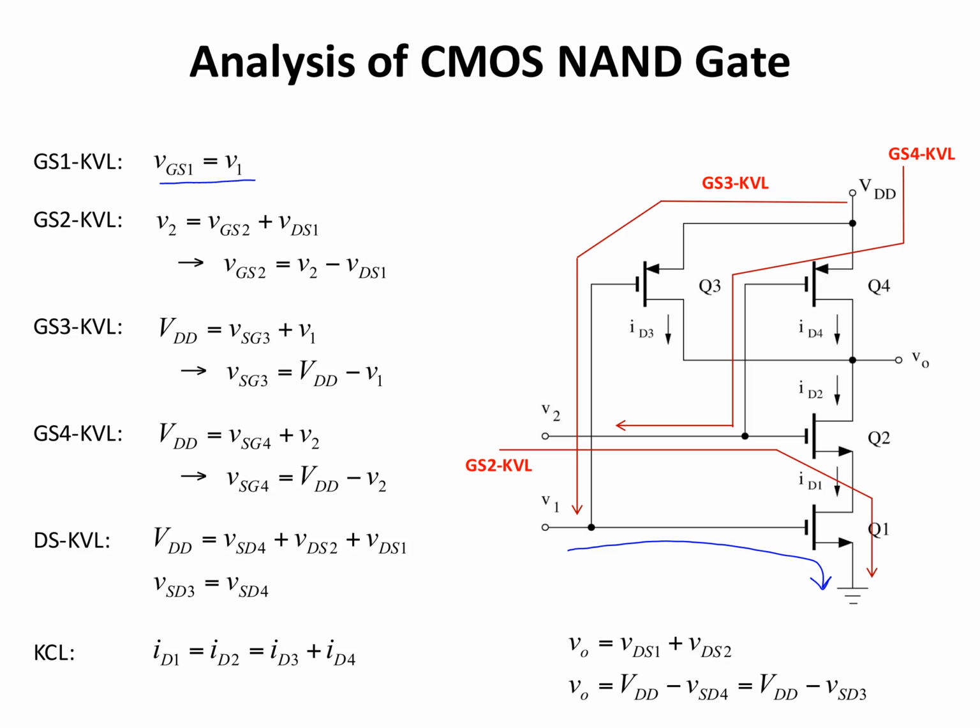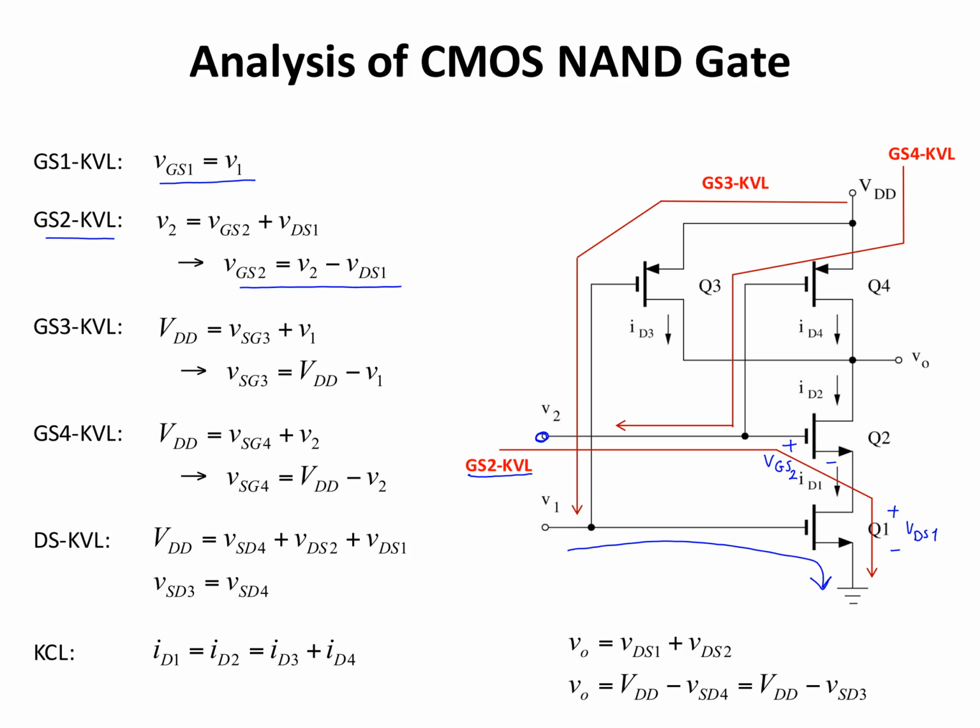Then the KVL for gate to source of transistor 2, this loop here, tells us that V2 is equal to VGS2 plus VDS1, or VGS2 equals V2 minus VDS1.